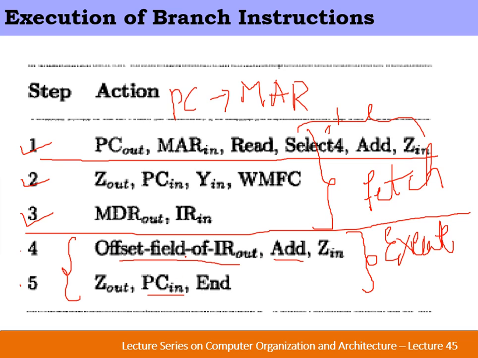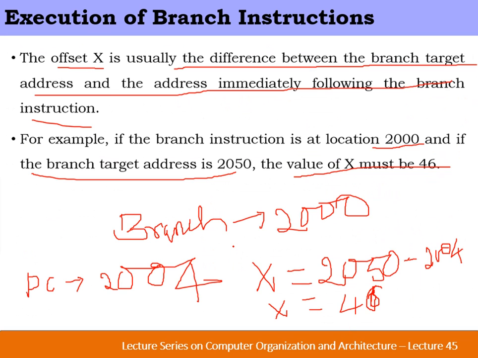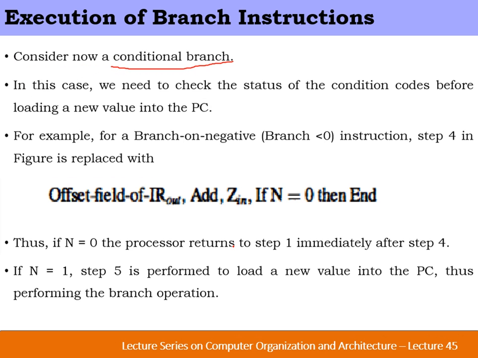But if the condition itself has failed, then there is no need to calculate the new target address. Hence steps 4 and 5 are not done. It is going to begin from step number 1. Until the condition is satisfied, it will keep on doing the same work. So this is regarding the conditional branch instruction.